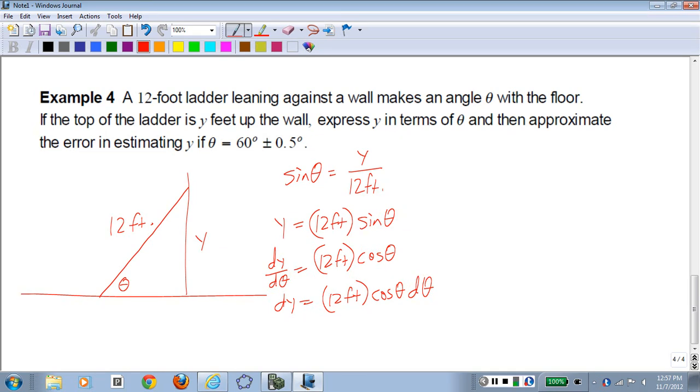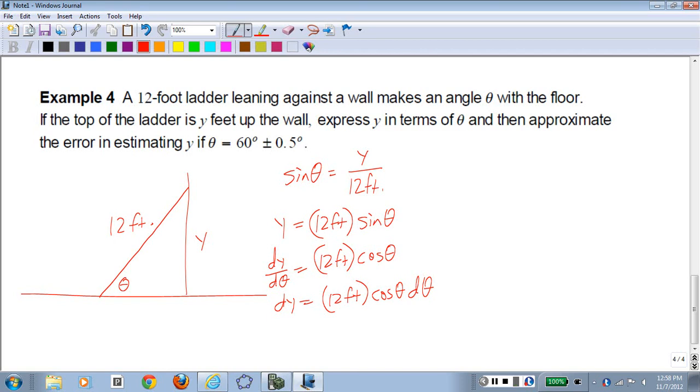But it matters what we put in for d theta, because that needs to be a pure angle measure. That can't be degrees, that has to be radians. So if I may be off by as much as half a degree, I've got to convert that to radians. It just doesn't make sense to substitute 0.5 degrees for d theta.